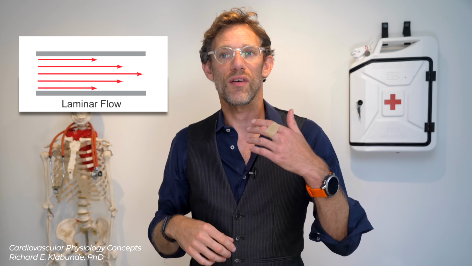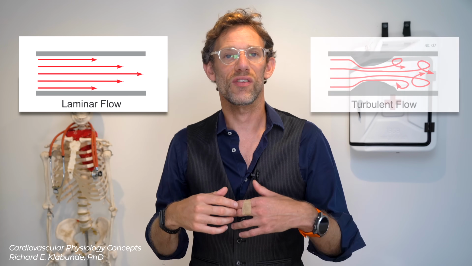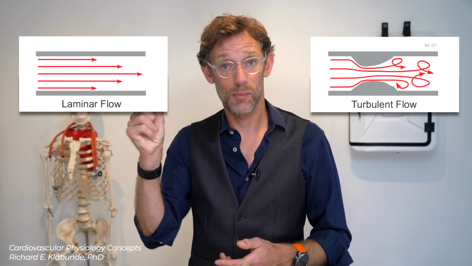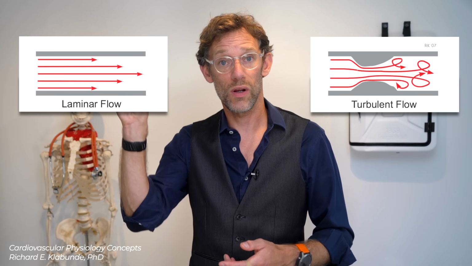As a result, there's relatively little noise. If we have a complication, so for example a narrowing, let's just put a kink in the blood vessel wall. That's going to increase the turbulence at the blood vessel wall, and now we're going to start getting noise because we no longer have that laminar flow.